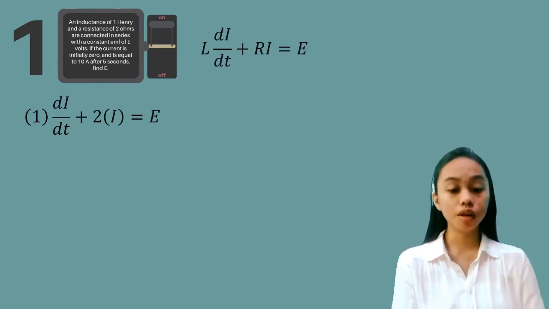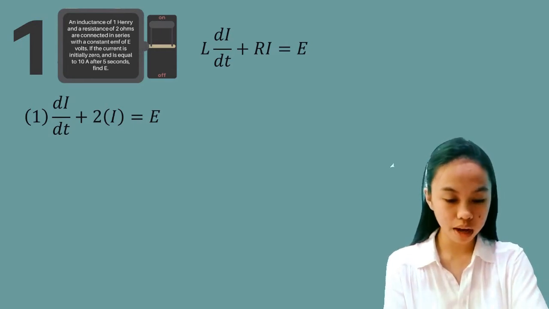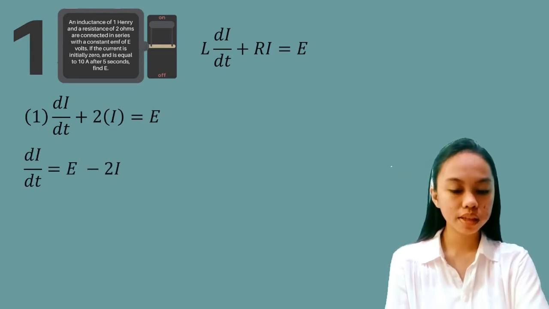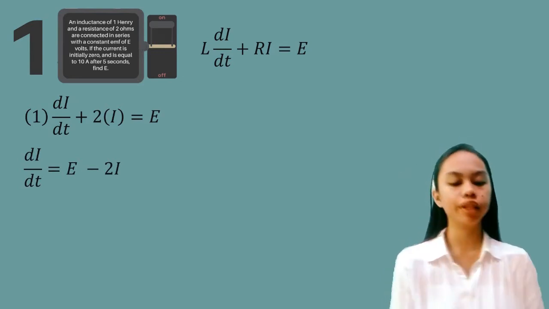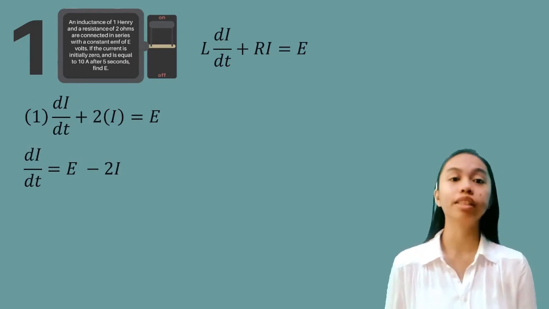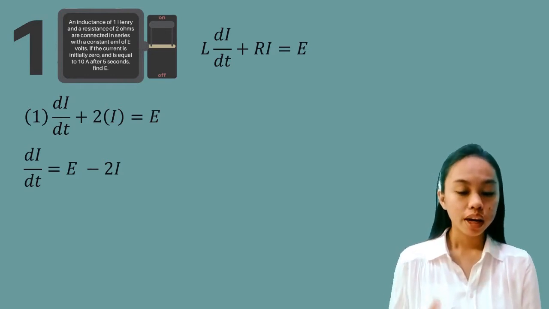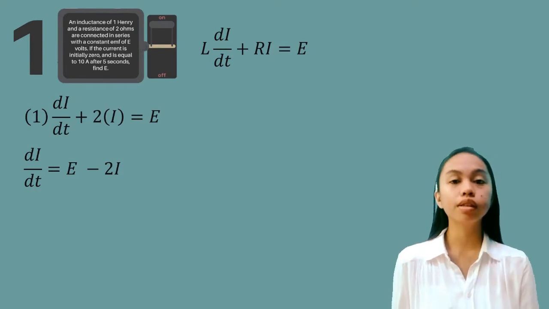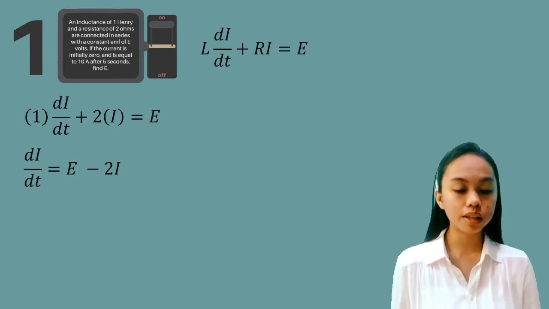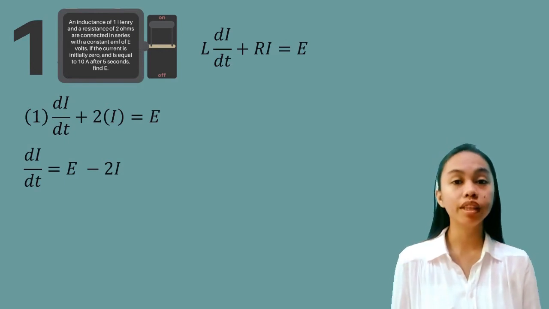If we are going to solve this, we will transpose 2I to the right side. So we will have di/dt = E - 2I. This equation is a differential equation that can be solved using separation of variables. Using this method, we are going to isolate variable I together with its differential di from the differential dt.